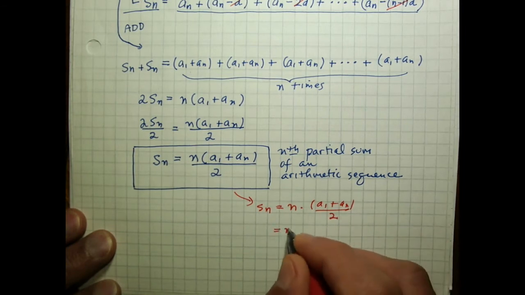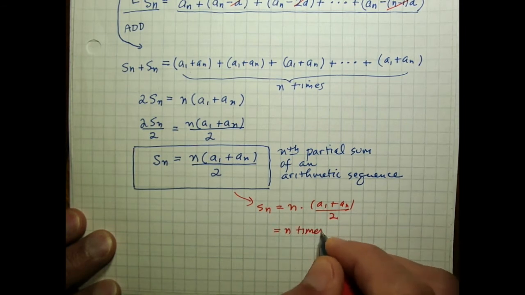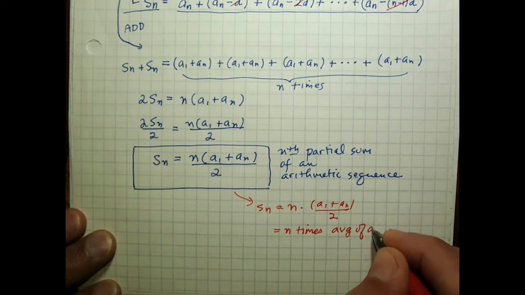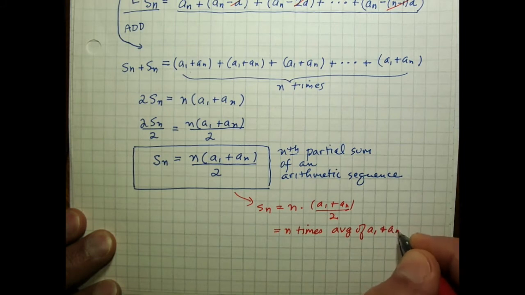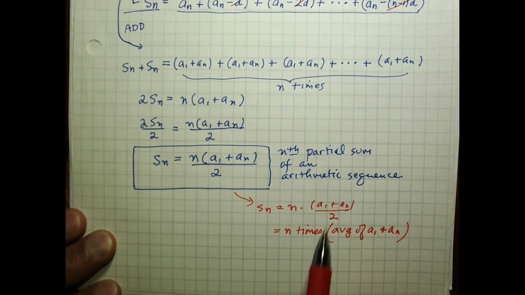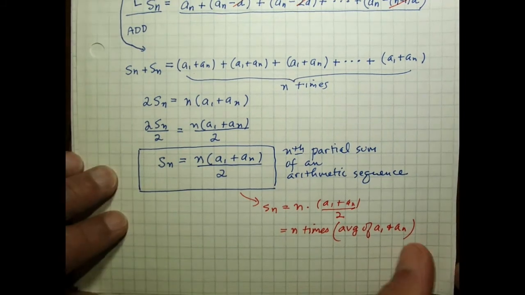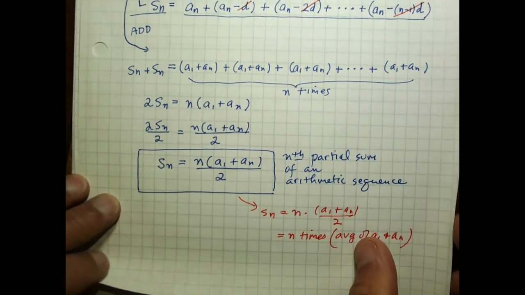So it's like n times the average of a1 and an. It's like the average of the first and last term in the partial sum times n gives you that sum of those terms. Now let's just apply this to a problem.